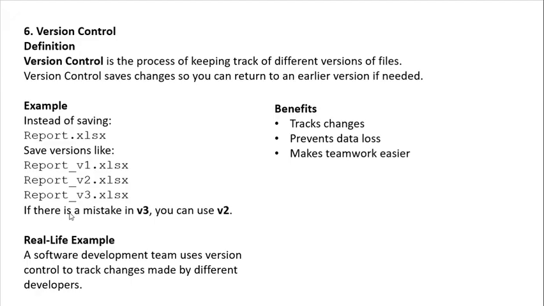And if there is a mistake in version v3, you can use v2. And a real life example: software development teams use version control to track the changes made by the different developers, and the benefit is tracking the changes, preventing data loss, and making the team's work easier.